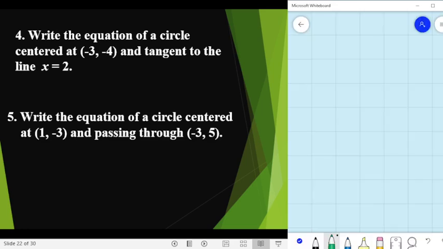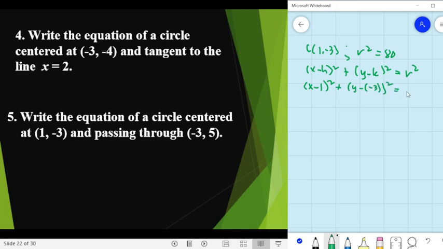Okay, so our center is 1, -3, and our r squared is 80. So from the equation quantity x minus h squared plus quantity y minus k squared equals r squared, we can now write quantity x minus 1 squared plus quantity y minus the negative of 3 squared equals 80.